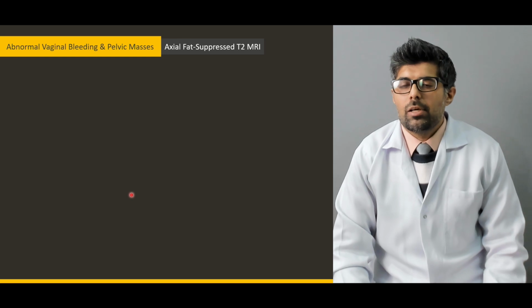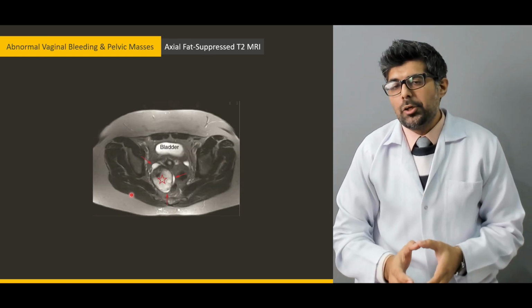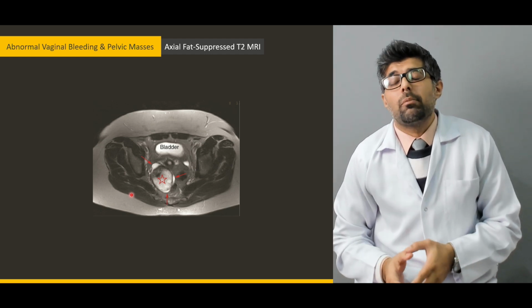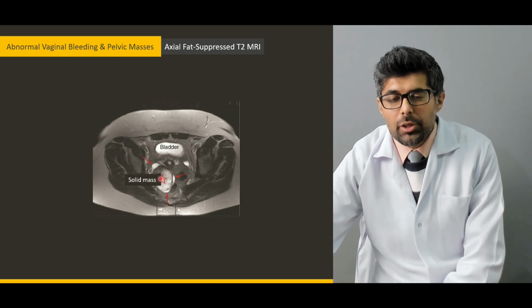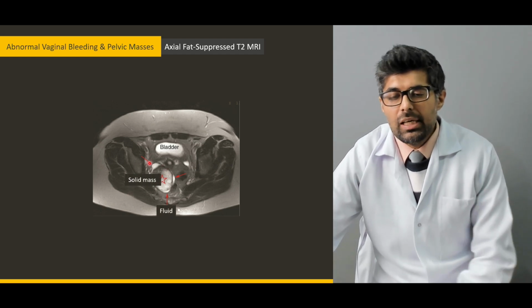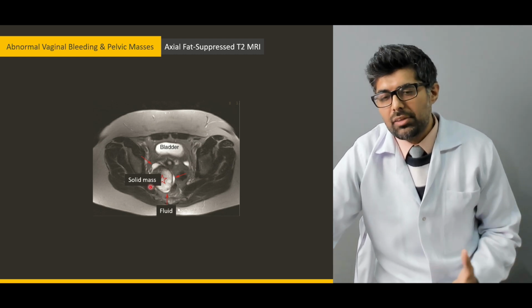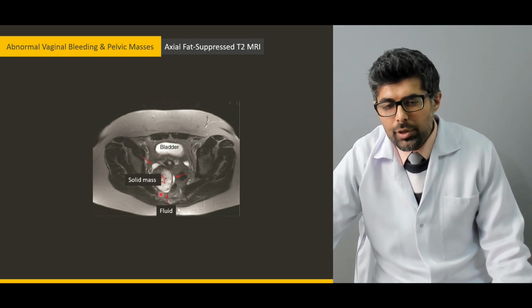Next, we have an image of a patient with a solid mass. Now, this is a fat suppressed T2 weighted MRI of this patient. This solid mass is exhibiting a very peculiar characteristic, that it is covered by fluid.